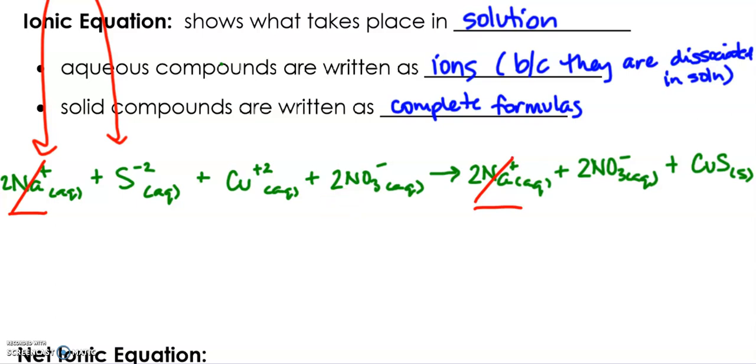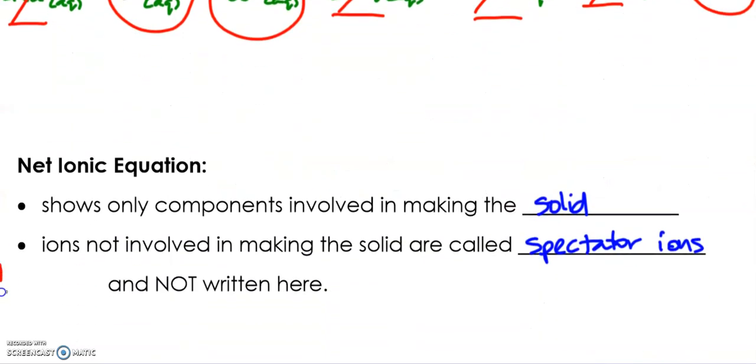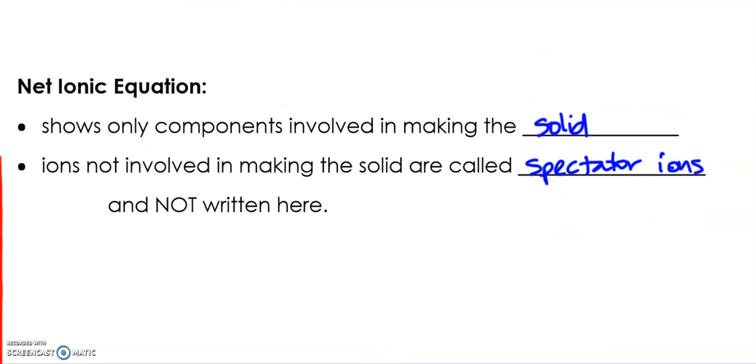You can see, hopefully, that these 2 stay the same, your 2 NO3 minus. Those we're not going to write. So what do we have left? We have the S minus 2, that's aqueous, the copper ion, that's aqueous, and they make the copper sulfide, that's solid. So these are the things that make our solid. A net ionic equation is only those components.